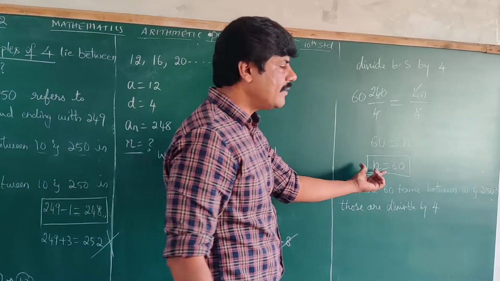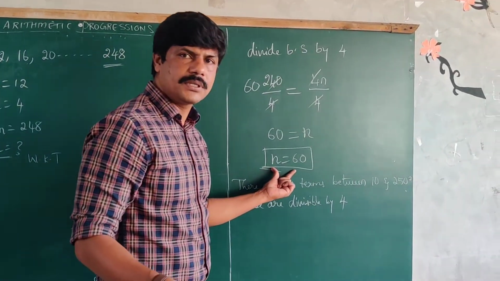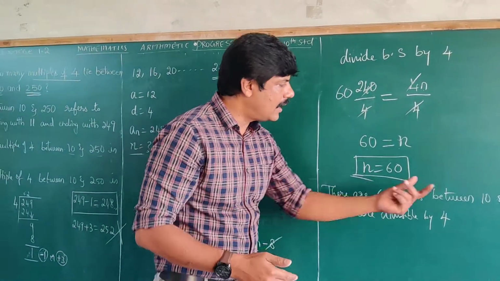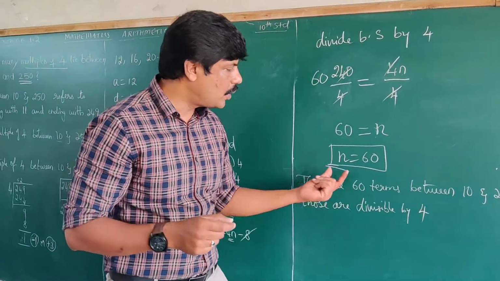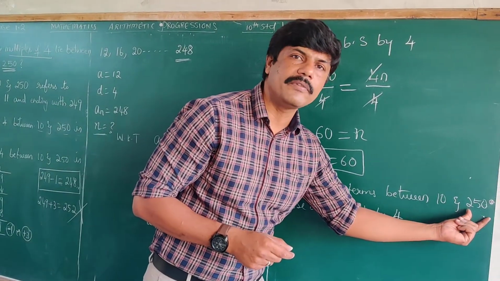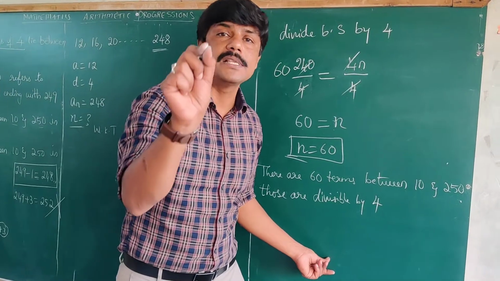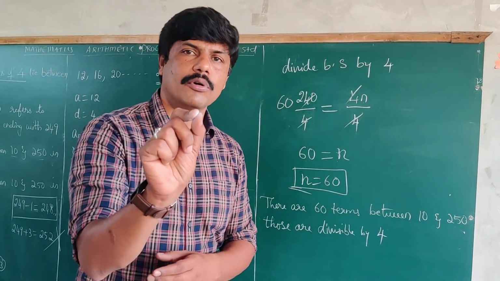We got the n value 60, which means there are 60 terms. There are 60 terms which lie between 10 and 250 that are divisible by 4 or multiples of 4. Understand, children?